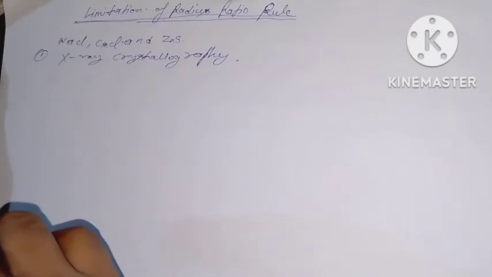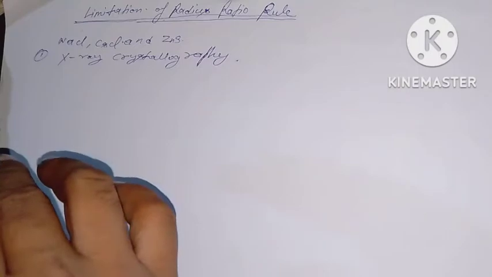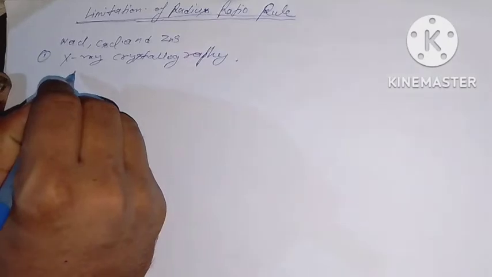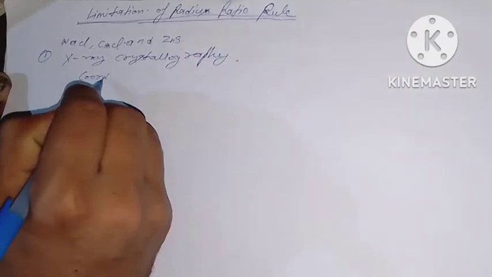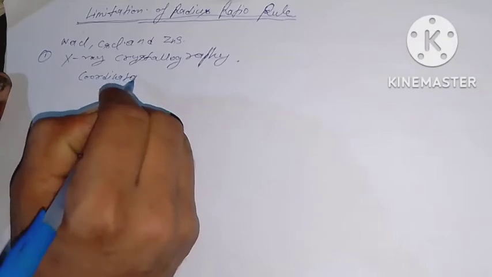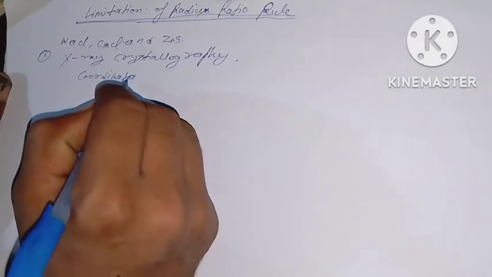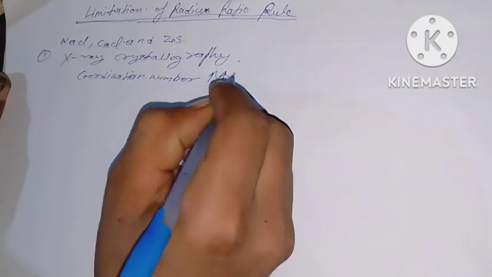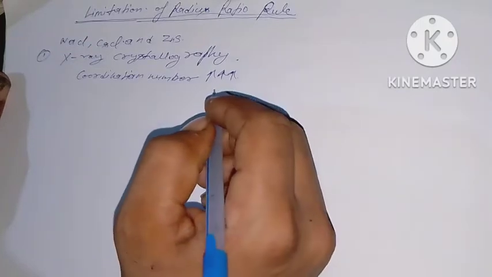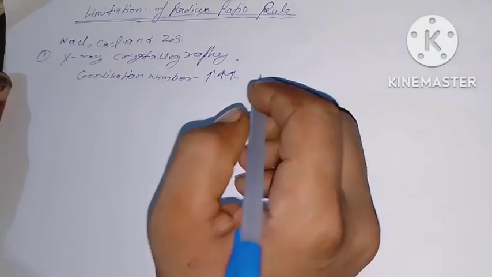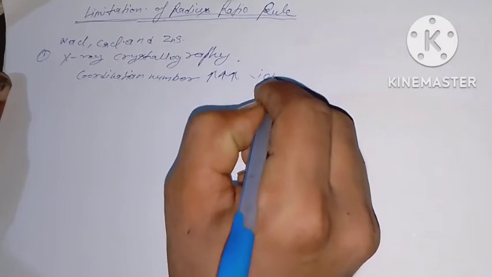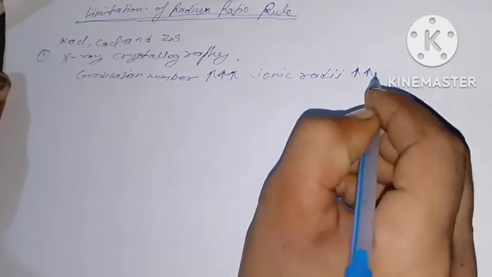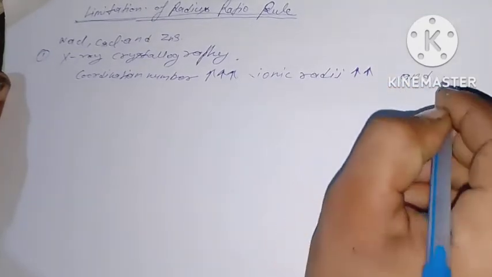By increasing coordination number, ionic radii increase and vice versa.